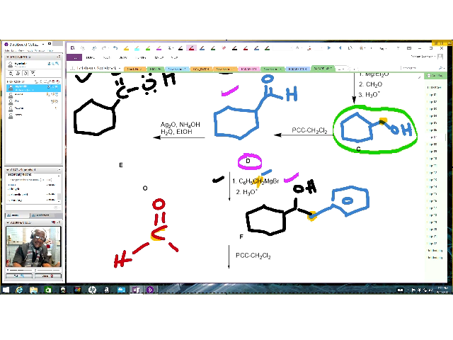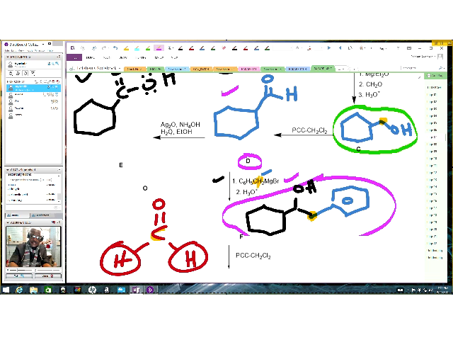We get the primary alcohol with formaldehyde because this carbonyl has two hydrogen atoms attached to it. However, if you have your regular aldehyde, you will get a secondary alcohol, which is what we have in this product right here. So keep that in mind.